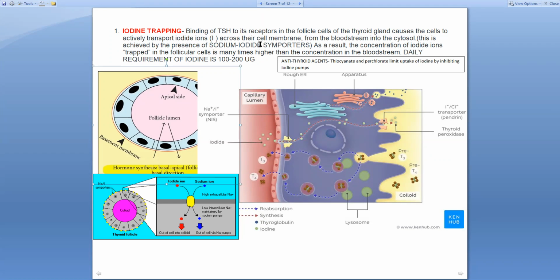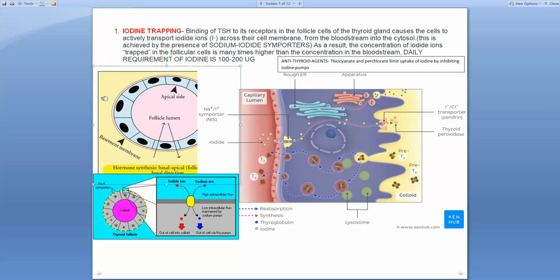As soon as TSH binds, the sodium iodide symporter transfers the iodide ions from the bloodstream inside the follicle cell.